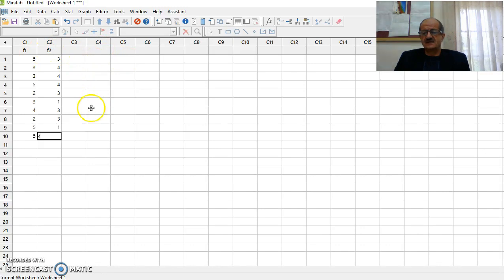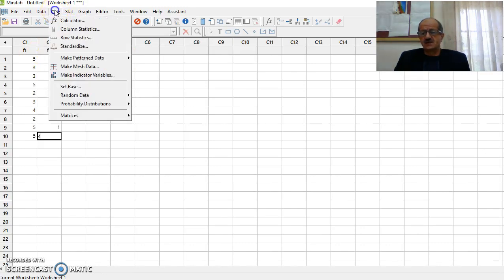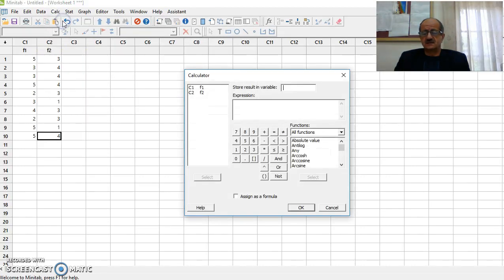Now we want to test the difference between the two choices. We want to use the calculator to calculate the difference between F1 minus F2.